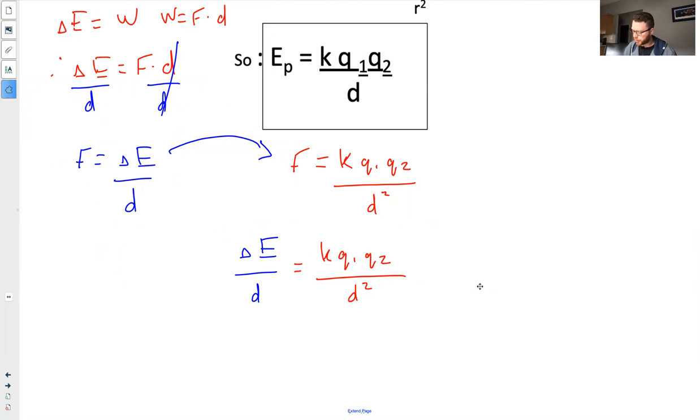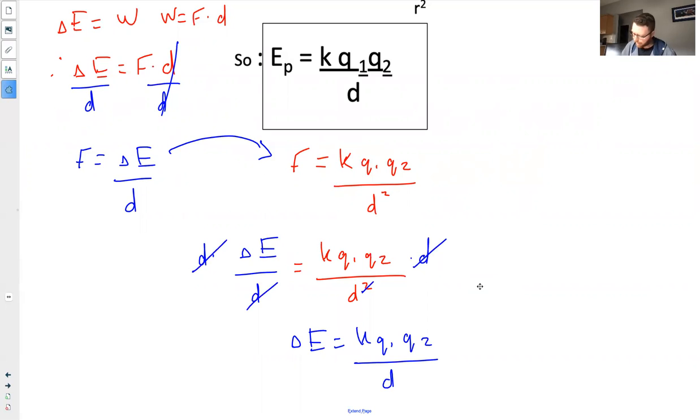You can solve for change in energy. We'll just multiply both sides by D. That will cancel. And we are left with change in energy is equal to K Q1 Q2 over the distance, okay?